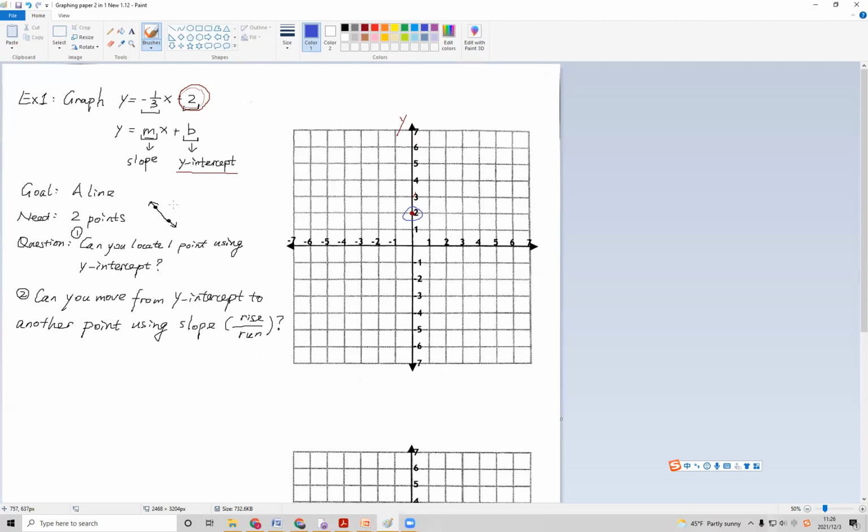So in order to find another point, we now want to use our slope. We're going to recall what we learned before regarding rise over run. What do I mean? -1/3 is your slope. Now, can you rewrite this slope into a fraction to represent rise over run?